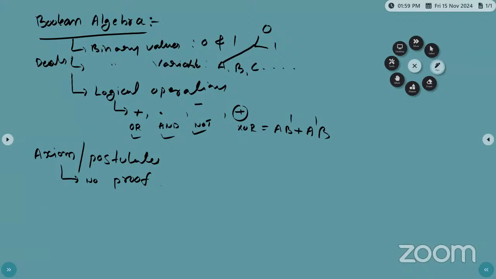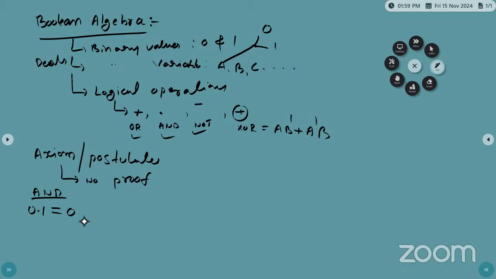That is, you can take the AND axioms. The AND axioms are 0.1, where dot means the AND operation. What is 0 and 1? 0. Is any proof required to accept 0.1? Already we know that it is derived from the AND gate statement.